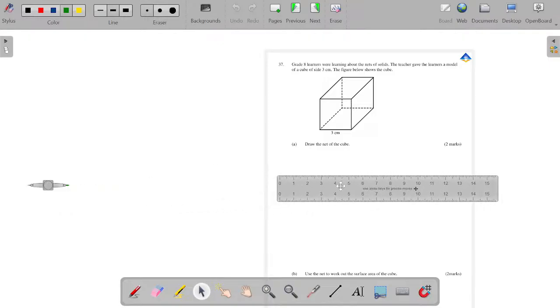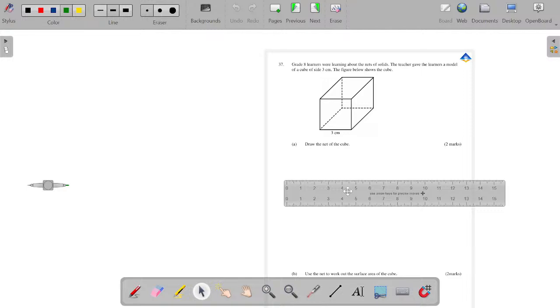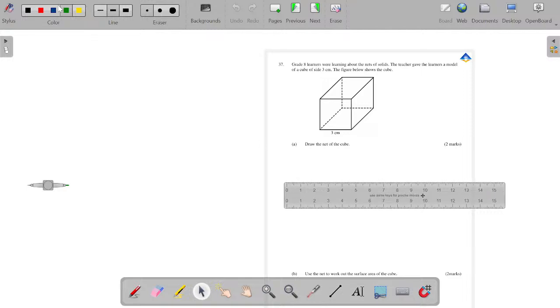Let me use this and draw. I want to draw 3 centimeters. I'm drawing 3 centimeters. That is it.